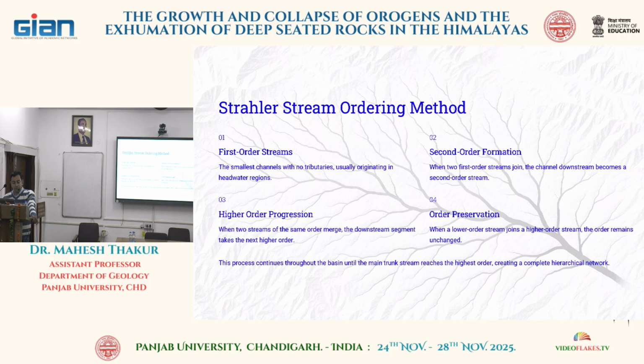Third order progression: when two streams of the same order merge, the downstream segment takes the next higher order, that is the third order. And following that, when a lower order stream joins a higher order stream, the order remains unchanged. This process continues throughout the basin until the main trunk stream reaches the highest order, creating a complete hierarchical network.